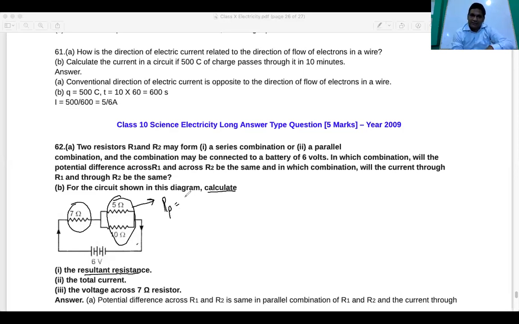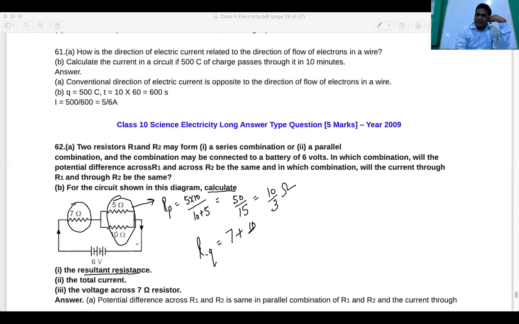So 5 into 10 divided by 10 plus 5, which is 50 by 15. We can cancel by 5, giving 10 by 3. This is the parallel combination, and our equivalent resultant resistance will be 7 plus 10 by 3.